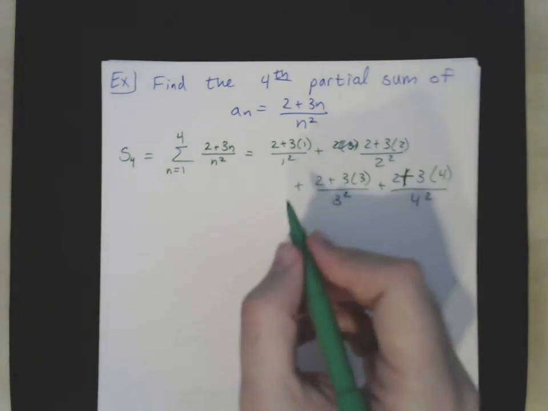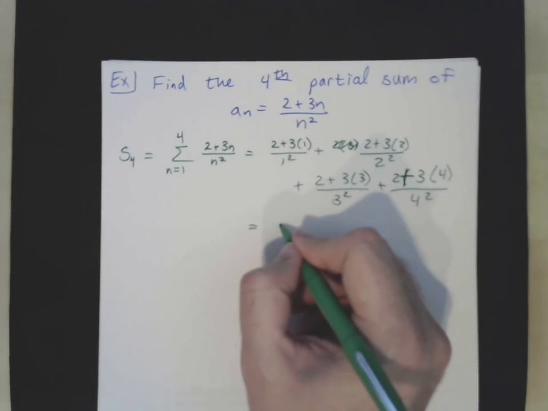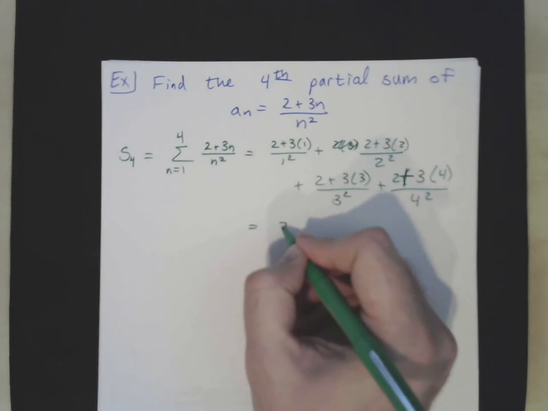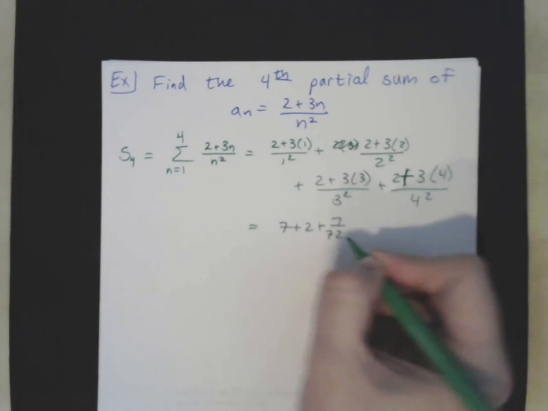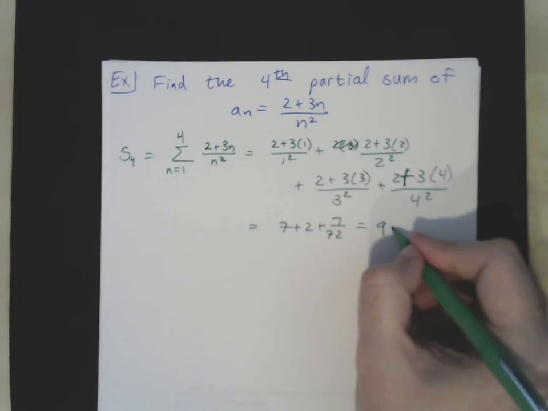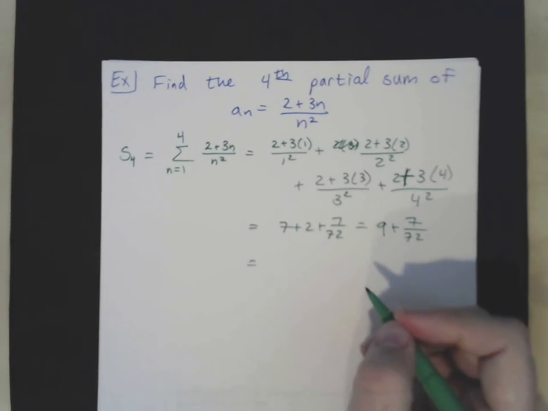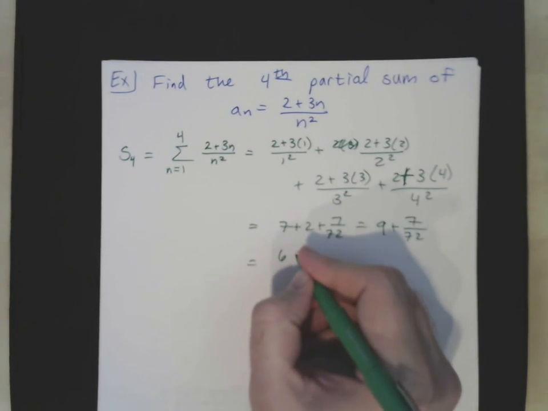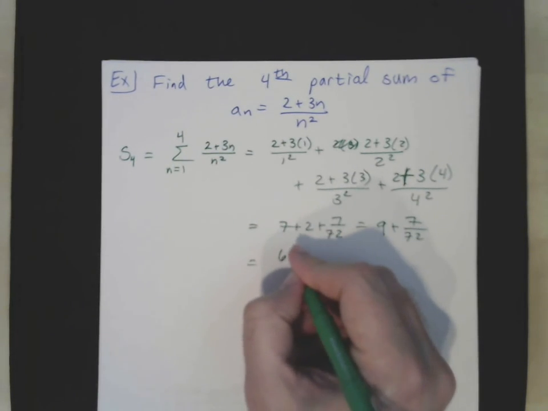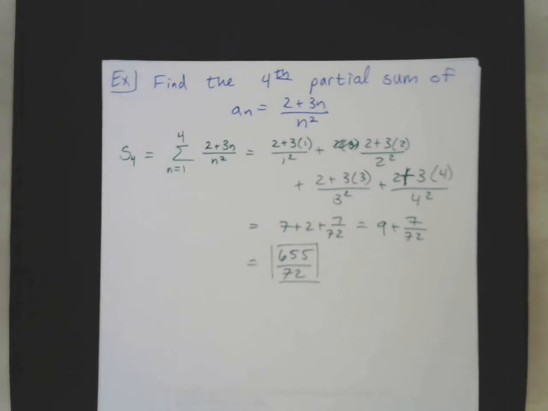And when you add all of those up, we end up with 7 plus 2 plus 7 over 72, or 9 plus 7 over 72, which gives us 655 over 72, if I've used my calculator correctly.